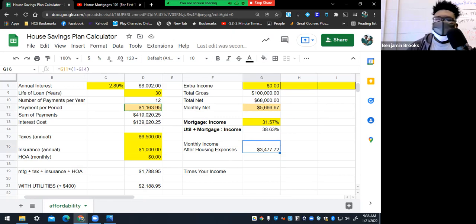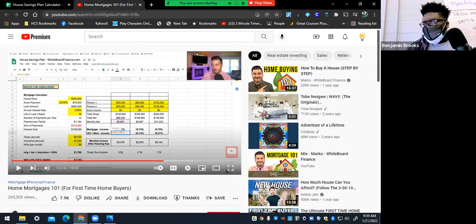So 1 minus just means the percentage of everything left over. So for example, if your housing was 40%, 1 minus 40% is 60%. Does that make sense? So 1 minus whatever just means everything else. So this is how much you'd have left over, and yep, I'm getting the same numbers here.